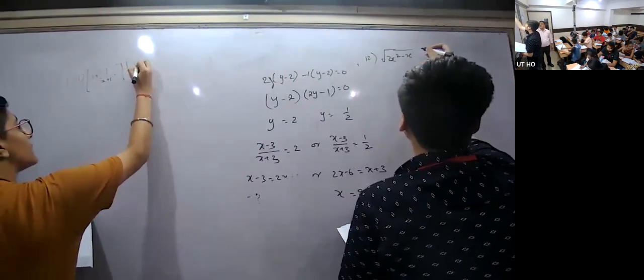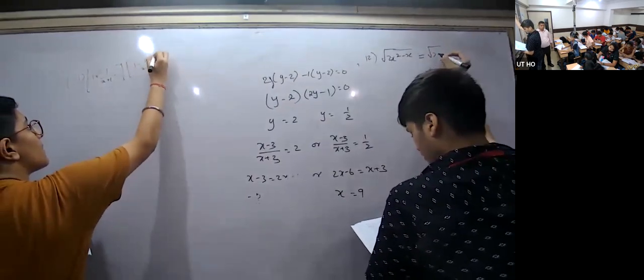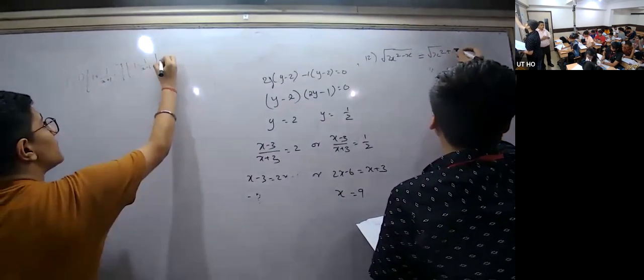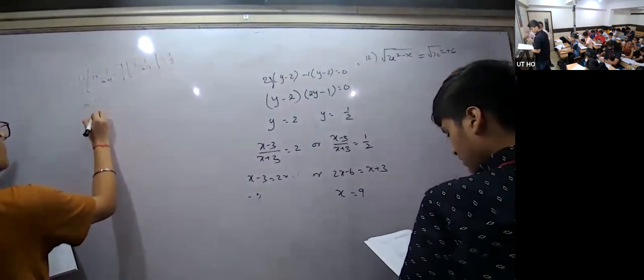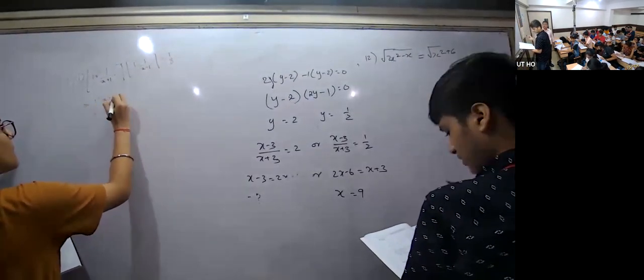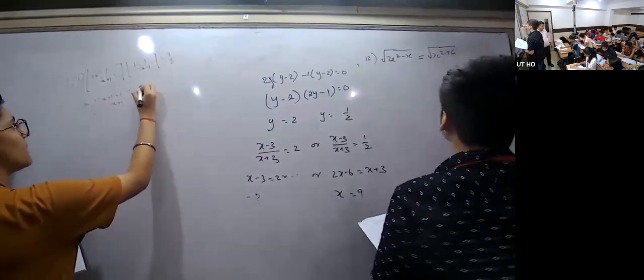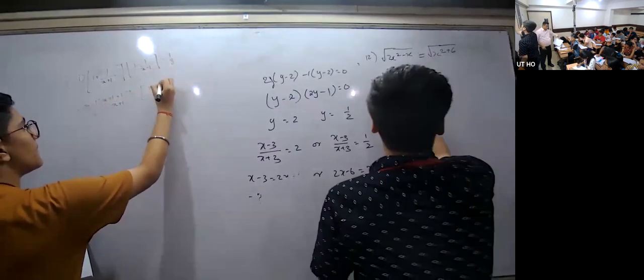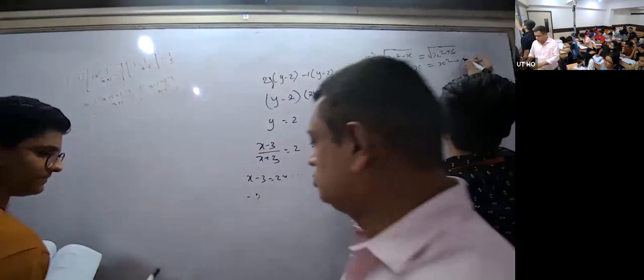Check once again whether the question copied is correct or not. The second is square. Check once again whether the question copied is correct or not. Take another pen, this is the pen in front.